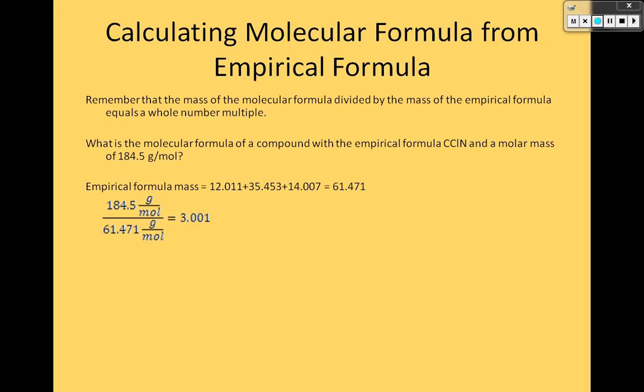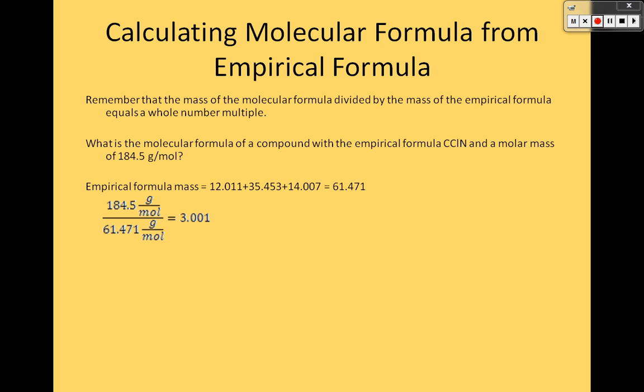Now looking at this number, we're not going to multiply by 3.001. We're simply going to multiply by 3. Remembering that these are experimentally determined, sometimes we end up with some really small decimal like 0.001, and we're just going to assume that in nature that ratio is actually 3. So we're not going to worry about that. Similarly, in some of the examples you'll do, you might get something that's like 5.999.